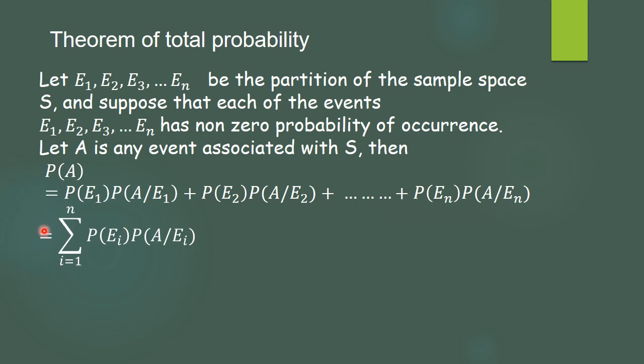Or in short, we can write the summation over i going from 1 to n of P(Ei) into P(A given Ei). Now to understand this, we will take one example.